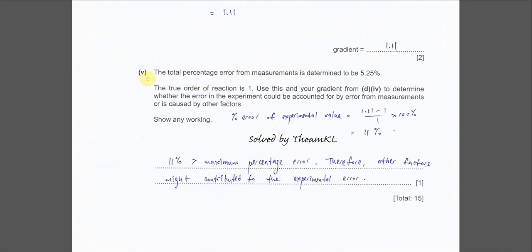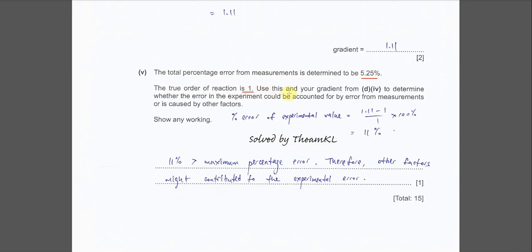The last part: the total percentage error from the measurements is determined to be 5.25%. The true order of the reaction is 1.